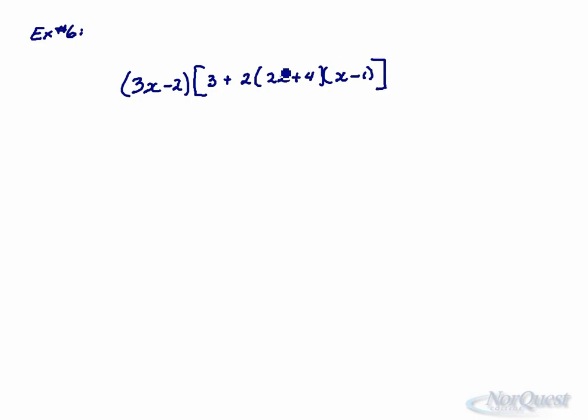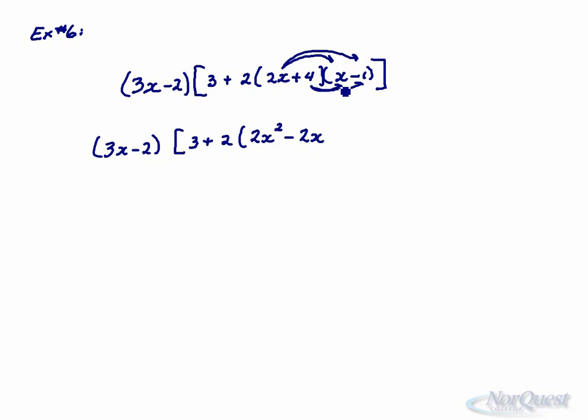I'm going to FOIL this first set of binomials. First, outer, inner, last. So I'll go 3x minus 2, keep my big brackets, 3 plus 2 times this product. 2x times x will give me 2x squared. 2x times negative 1 gives me minus 2x. 4 times x, 4x. 4 times negative 1, minus 4.